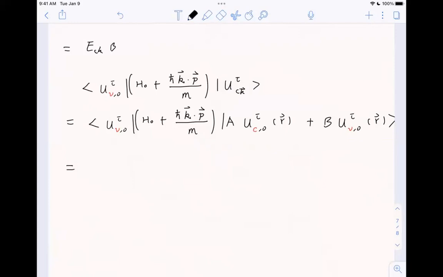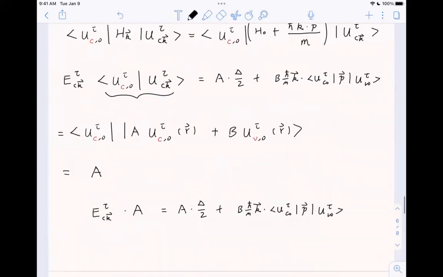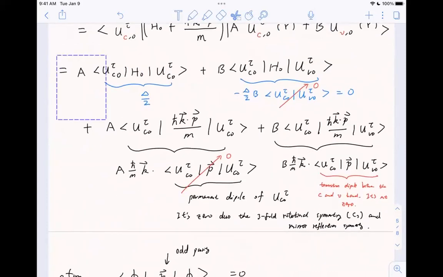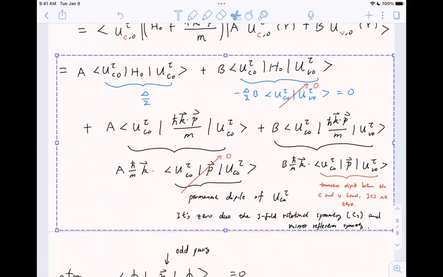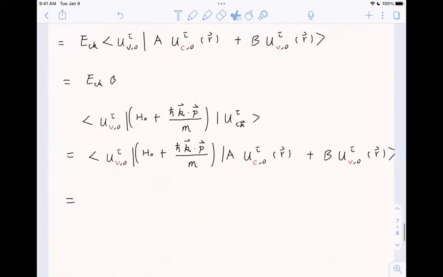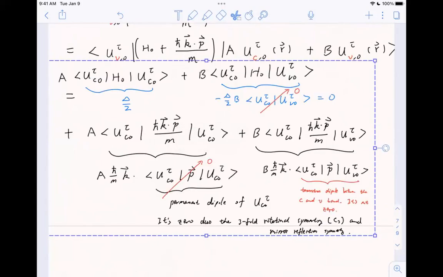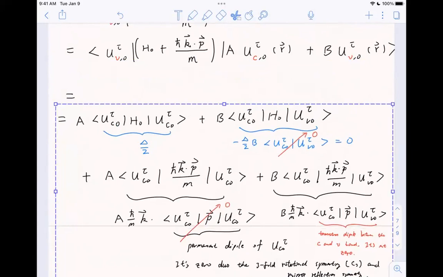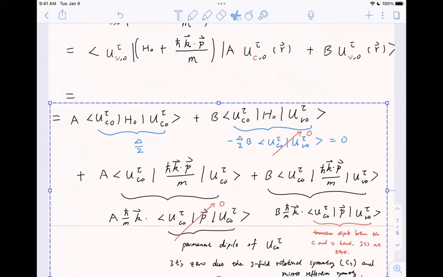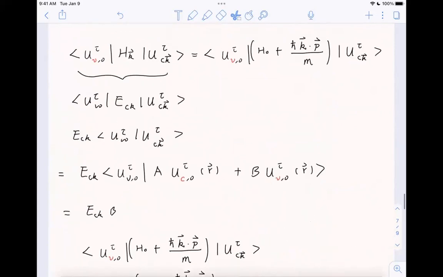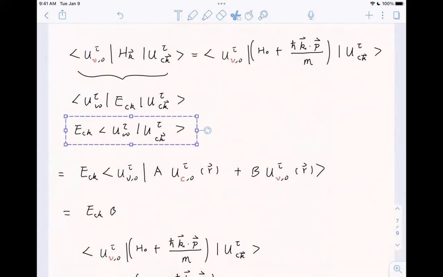You're going to get 4 terms. Then let me copy and paste. Okay, so we're going to get 4 terms. Copy. Not enough space. Let me compress this a little bit.